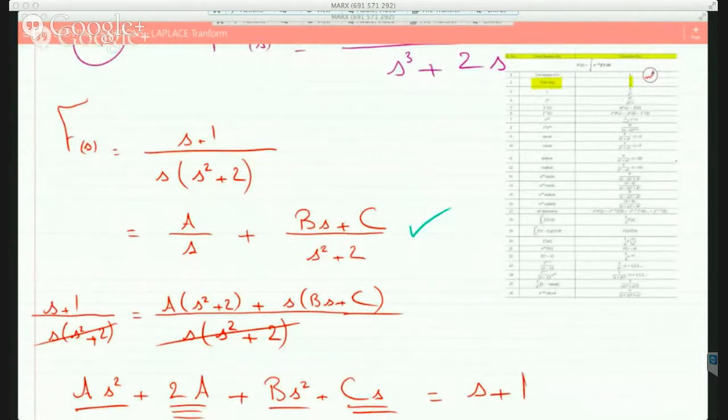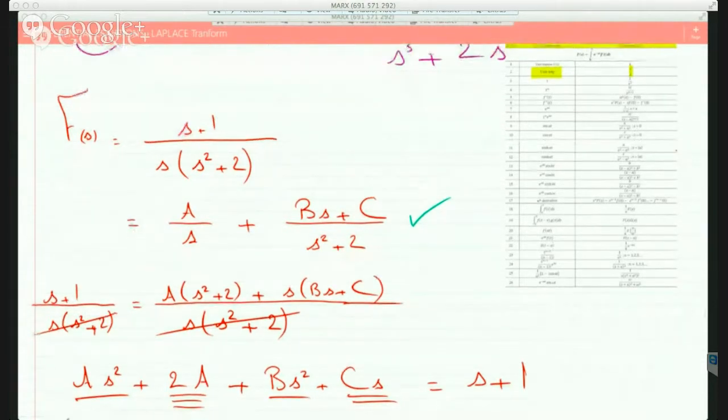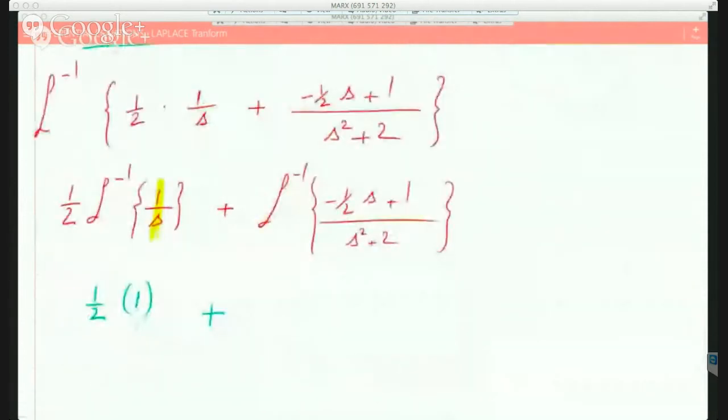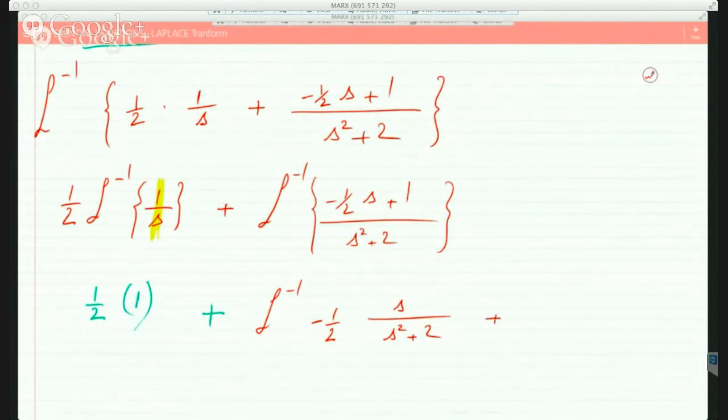So if you look at 11 or 12, wherever I have an s squared, I either have an s or an a on top. I don't have two things. So it might pay off to separate this. So this is minus 1/2 s over s squared plus 2, plus 1 over s squared plus 2. And now I can take the inverse Laplace of each one of those separately. And this minus 1/2 is a constant. I can pull it out in a second.